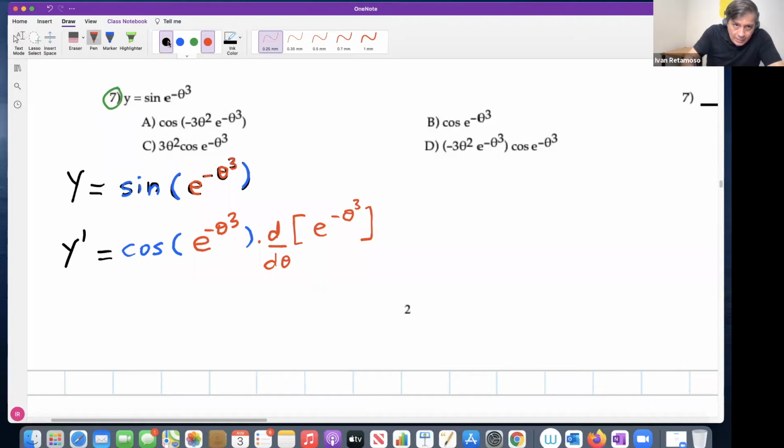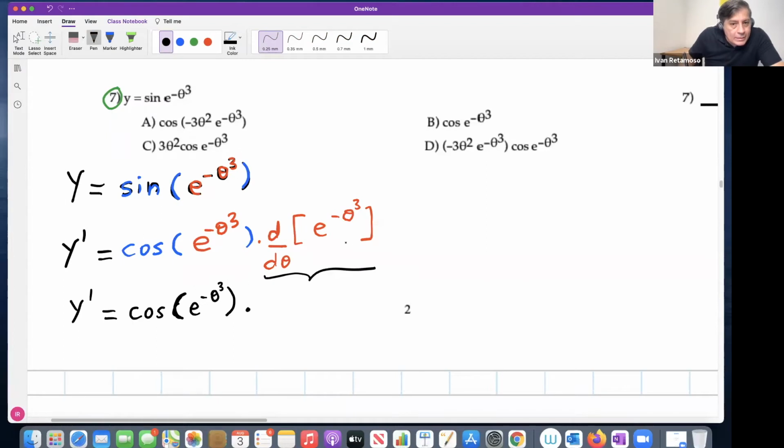So y prime, the derivative of this composite function y is equal to cosine of e raised to negative theta raised to the third power. Okay, and I'm going to use big parentheses here, times this derivative. But in order to get this derivative, notice, guys, that this function is itself a composite function, right?